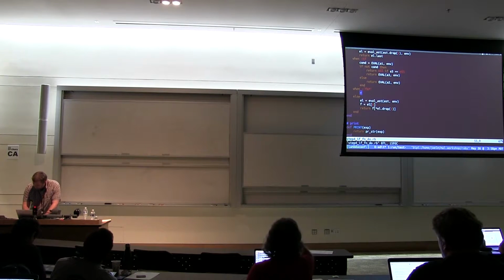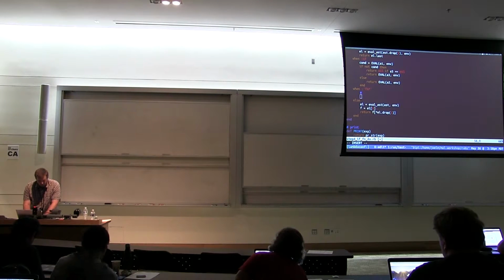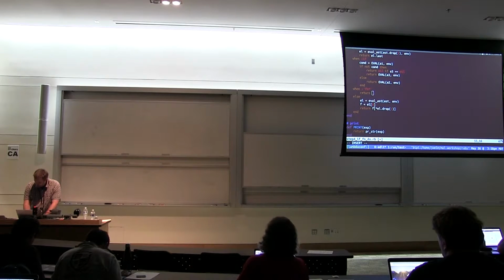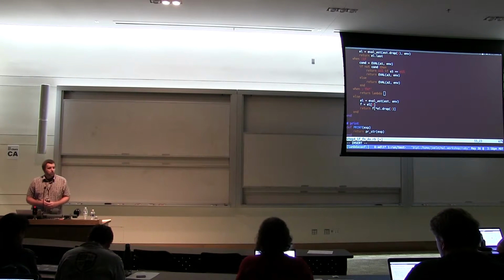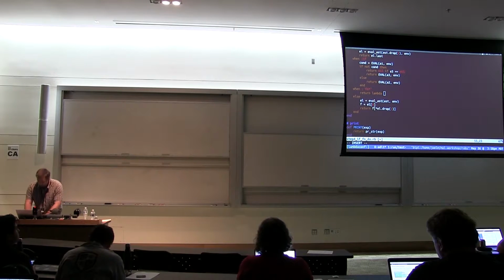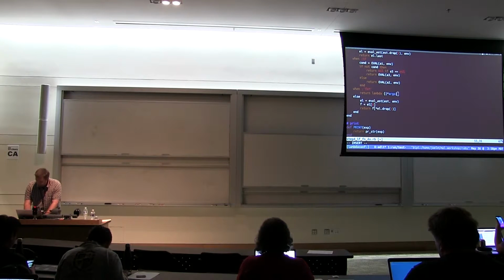Okay, so I'm going to go ahead and implement this. I'm going to use Ruby's Lambda capability to create a Clojure anonymous function here. It's going to be a Lambda function that takes a variable number of arguments.